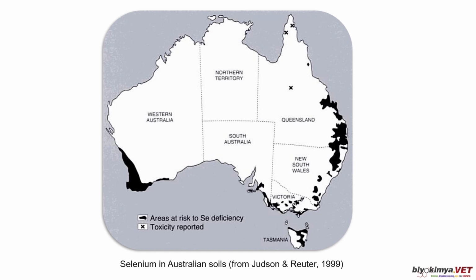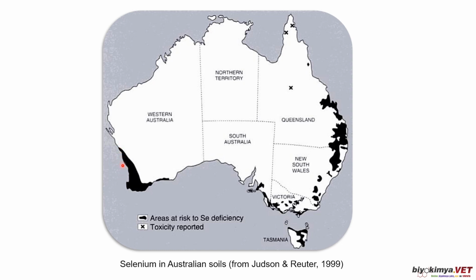To determine the soil content of minerals, an example is seen here about selenium, which is so important for animal breeding, livestock, or the health of the animals. Such as in the figure, the areas painted in black.